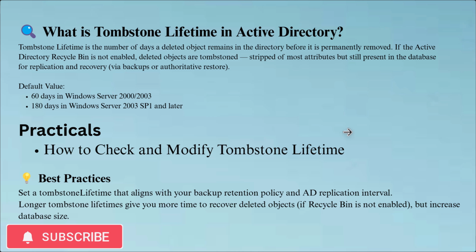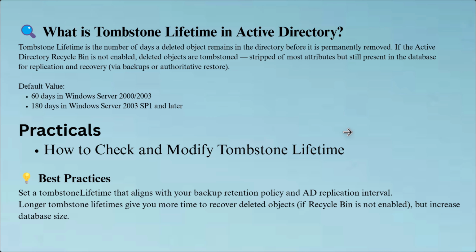If the Active Directory recycle bin is not enabled, deleted objects are tombstoned, stripped of most attributes but still present in the database for replication and recovery. The default value is 60 days in Windows Server 2000 and 2003, and 180 days in Windows Server 2003 Service Pack 1 and later.